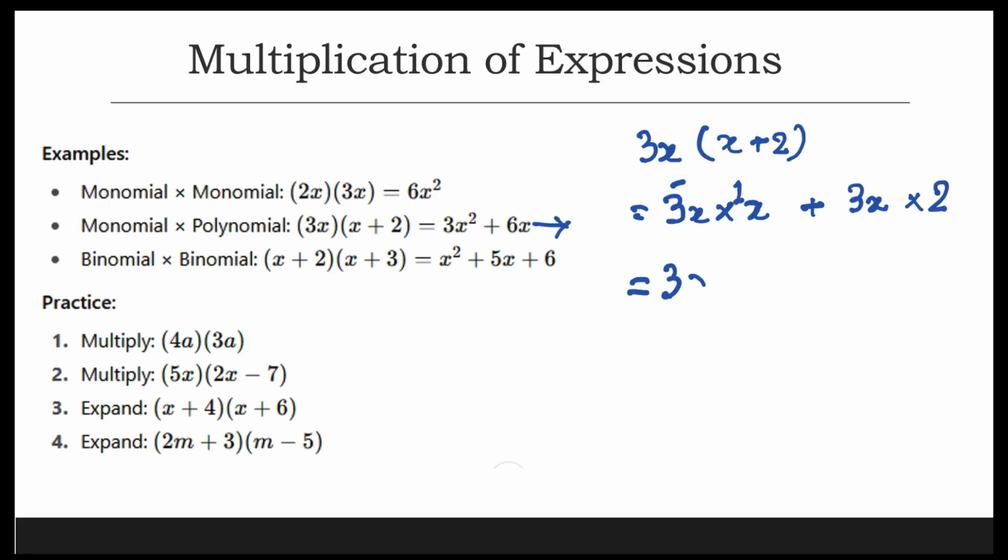So 3 into 1, 3. X to the power, here the power is 1. Here the power is 1. So x to the power 1 plus 1, 2. Here 3 into 2 is 6. X to the power, here the power is 1. Here there is no x. So x to the power remains 1. So this becomes 3x to the power 2 plus 6x to the power 1, which is 6x.